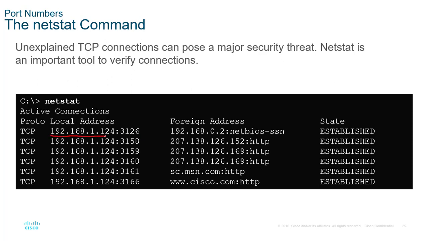Here's your IP address and your port number, your TCP port number in this case. This is your NetBIOS service utilizing port 3126. That's the random port number, and for the well-defined port number, it actually puts in a keyword there. Instead of putting port 80, it puts HTTP here.